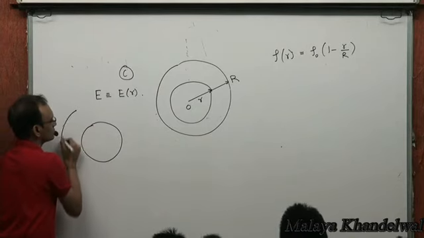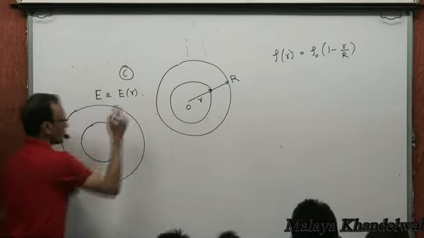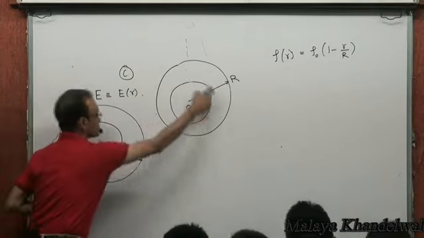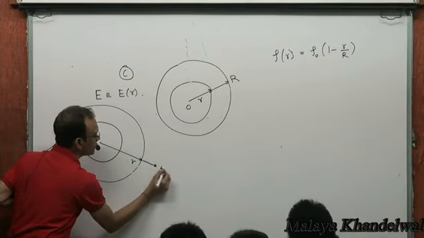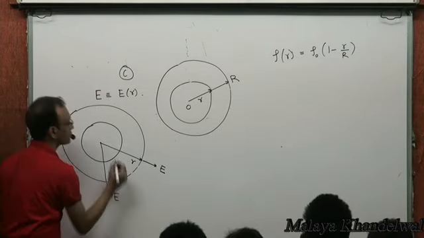Now, this is the surface of radius small r. This one, I am drawing separately. At small r, the electric field would be the same at every point of the surface. E would be radially outwards.